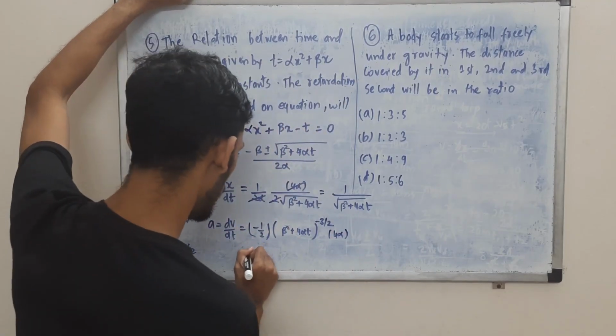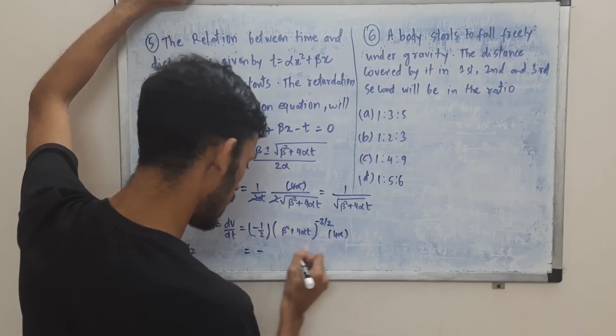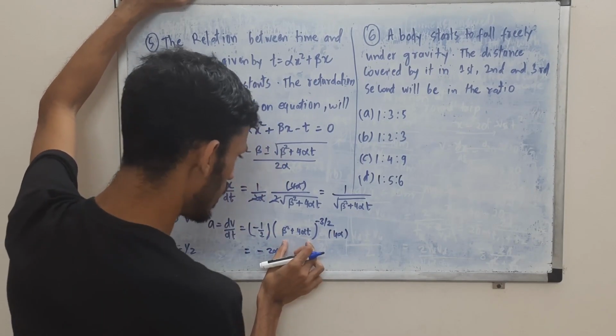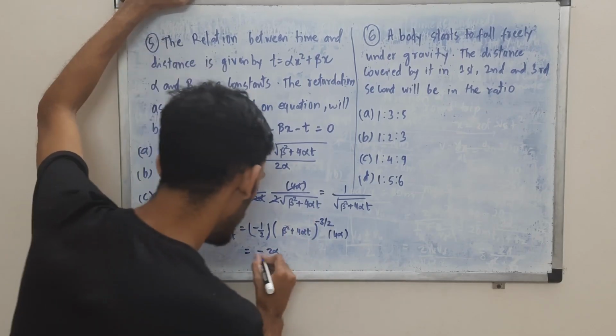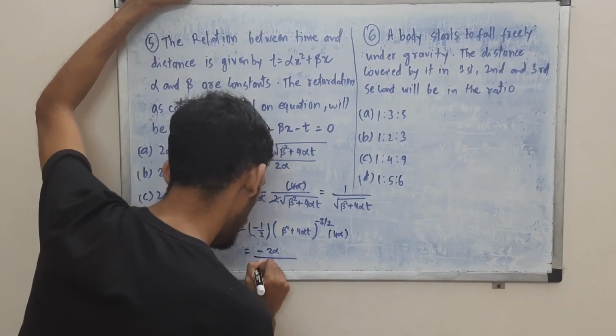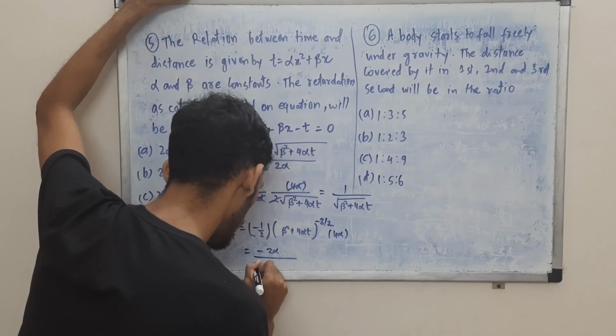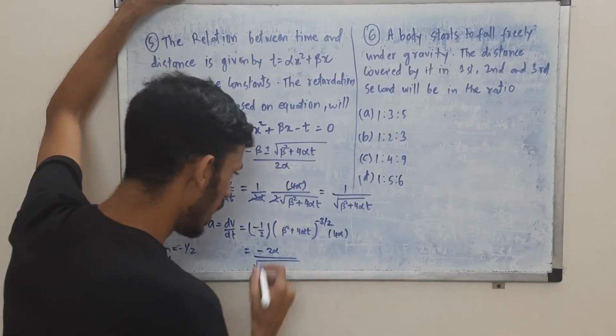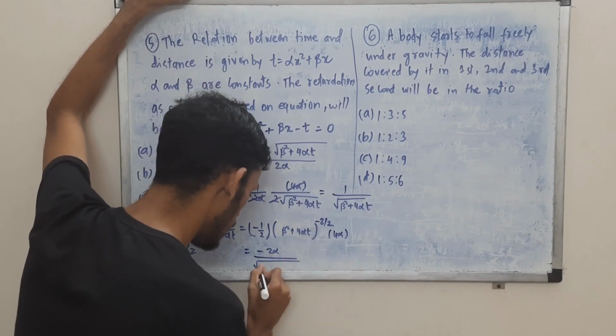So we are left with, you can see, minus, and this and this can cancel, 2 alpha, okay, and this thing you can see that it is somewhat like this, right? So you can write this as the square root of beta square plus 4 alpha t, because raised to half it is there, and I can write the whole thing as cube, right?